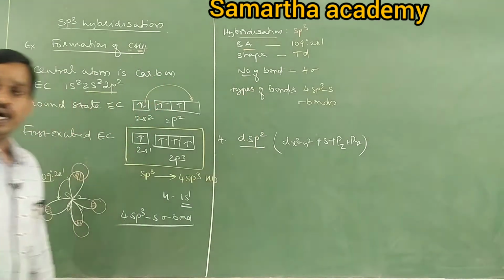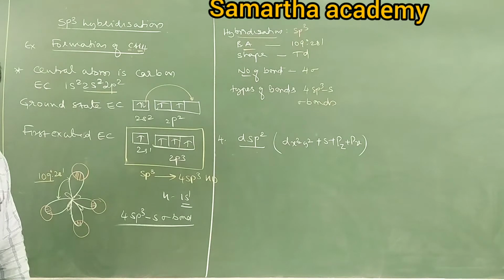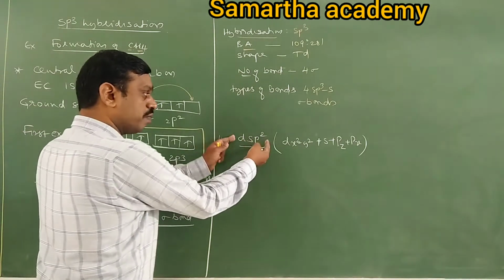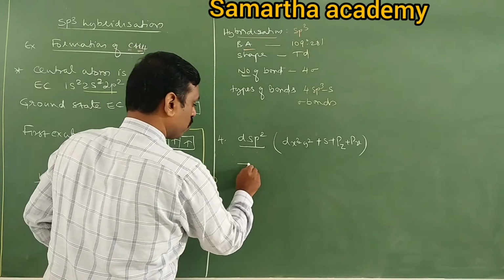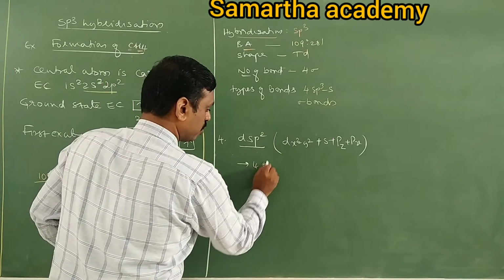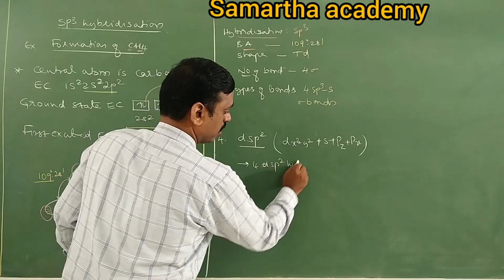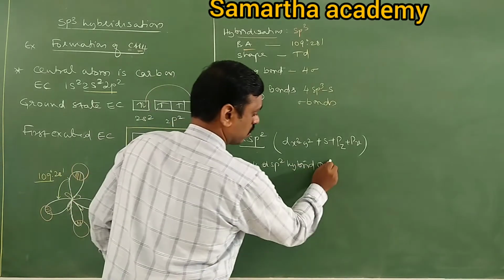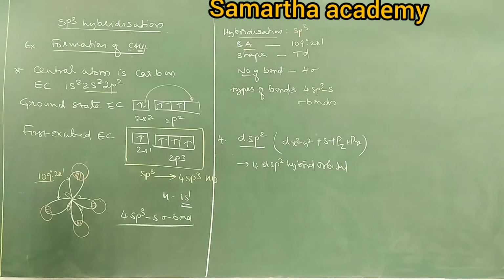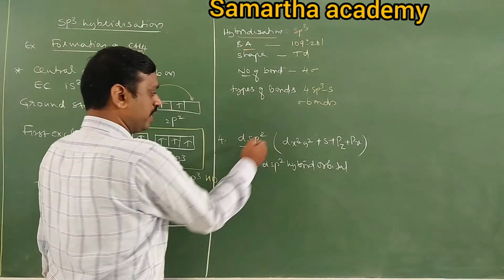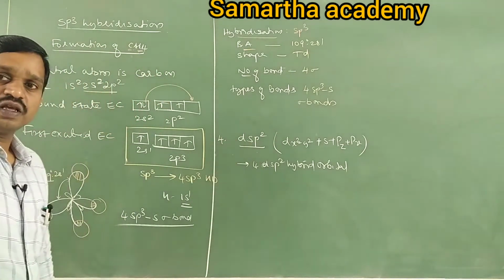dsp2 hybrid orbitals? 4. It forms 4 because 4 are combining, no? Since 4 are combining, it forms 4 dsp2 hybrid orbitals. Okay. Now come on. So how are they placed?